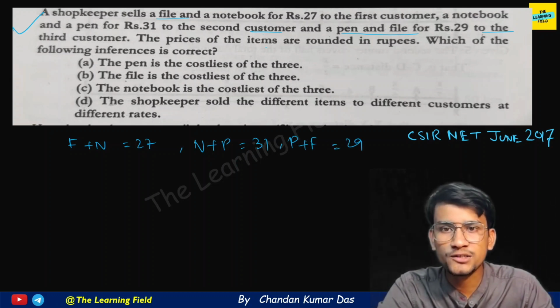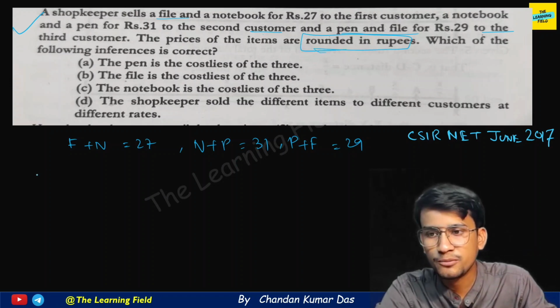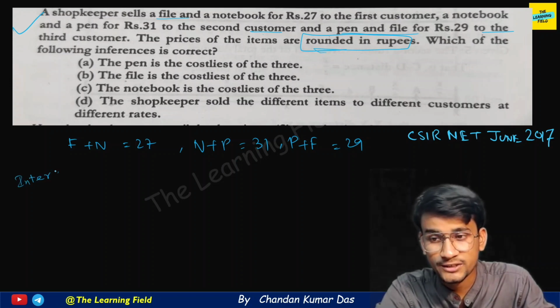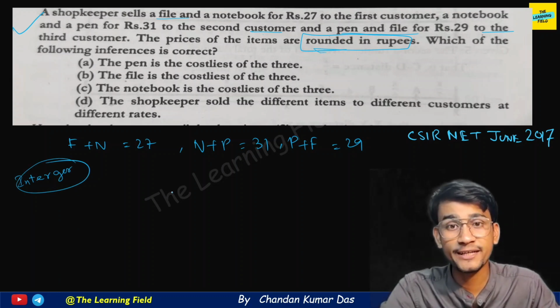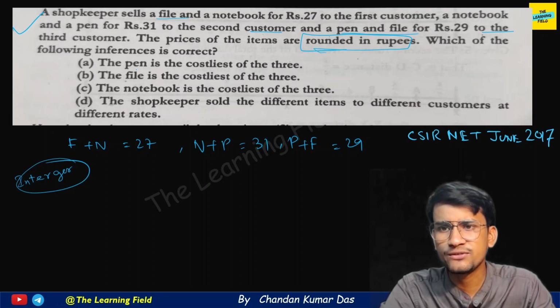The prices of the items are rounded in rupees, which means the price is in integer form. It is a very important line, integer format, that is simply in rupees, not in paise. So which of the following inferences is correct?